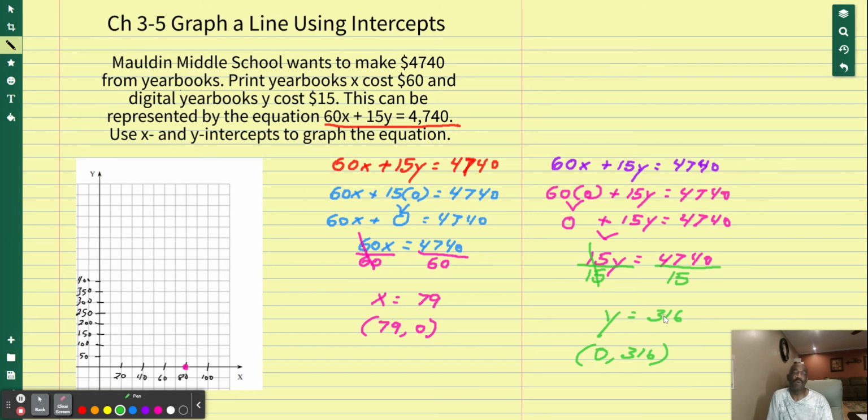So since my y value is 316, I come back over here and I go up to 316. Now, I see 300 and I see 350. I don't see 316. So we got to estimate right there. I'll make it a little bit bigger so you can see it. But that's just an estimate. You just got to be close there.